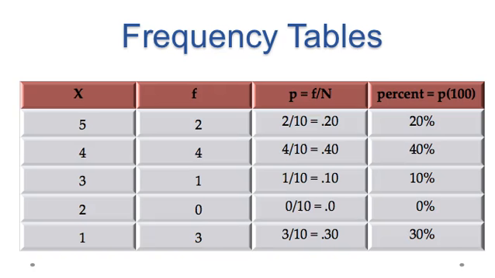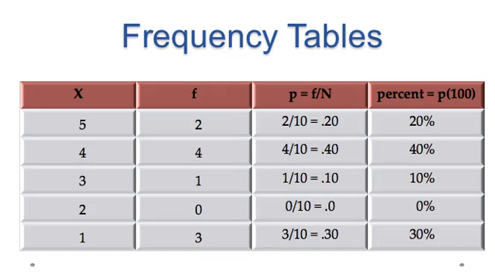In other words, a frequency table shows how many observations are in each category. The frequency represents the count of each category.